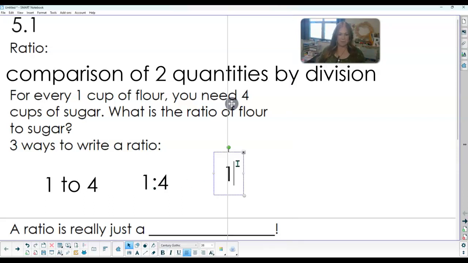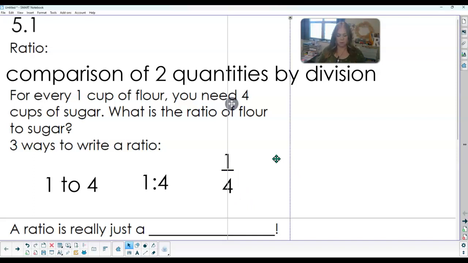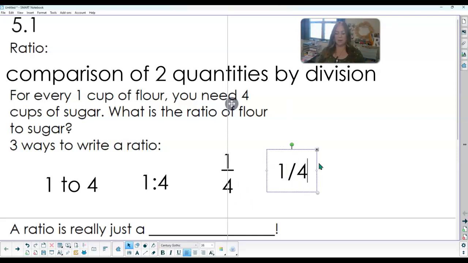And the last way we can compare them is you can write it as a fraction, 1 over 4. Or you can do it sideways, 1 over 4. So these two are really the exact same thing, just do you like it up and down or do you like it sideways? You can use a colon or you can use the word to.